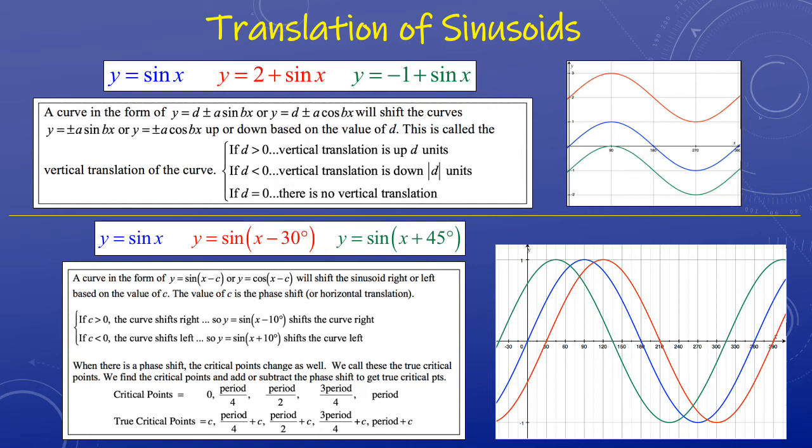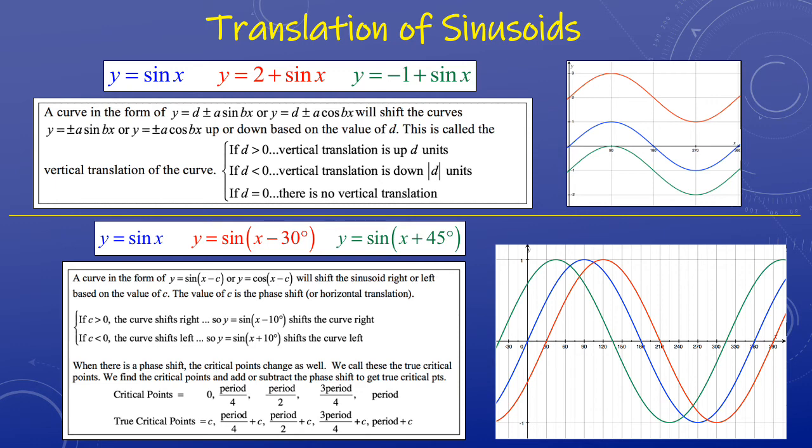Now, when there is a phase shift or horizontal translation, the critical points are going to change as well. And I like to call these the true critical points. So we find the critical points without any translation and then add or subtract the phase shift C to get the true critical points.